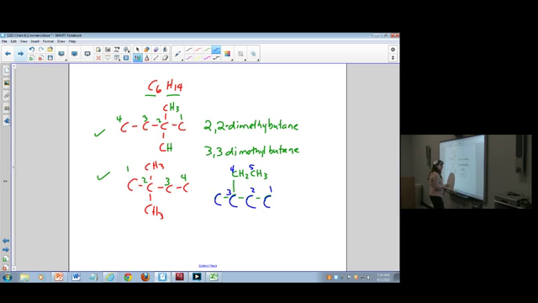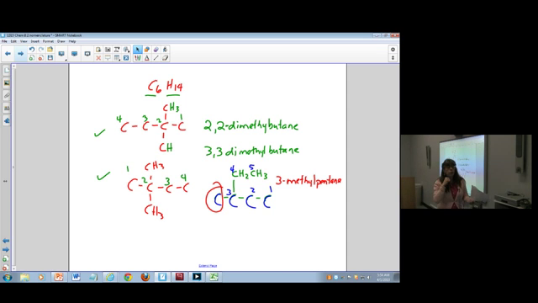And if I'm looking at this as the substituent, right here on carbon 3, this works out to be 3-methylpentane. Now, what I want you to recognize out of this is that carbon chains turn. Carbon chains turn in space. Carbon chains rotate so that they can flip backwards and forwards.